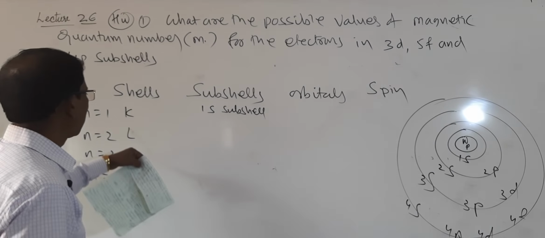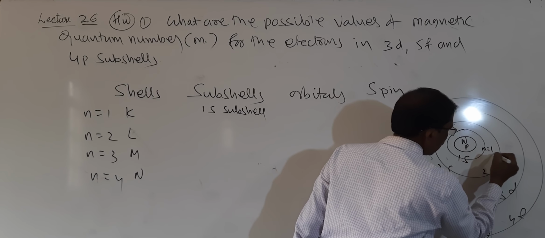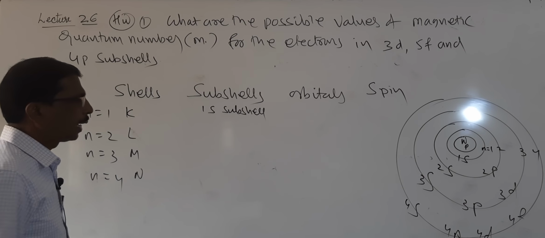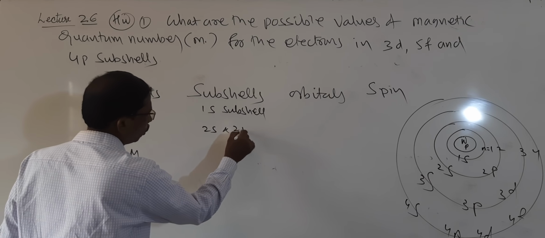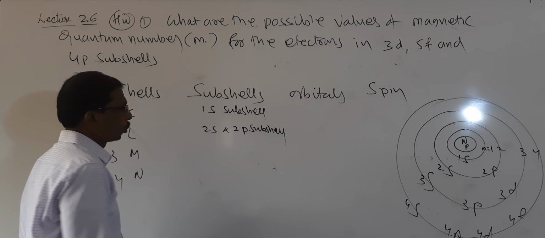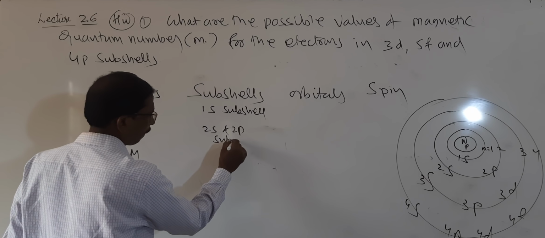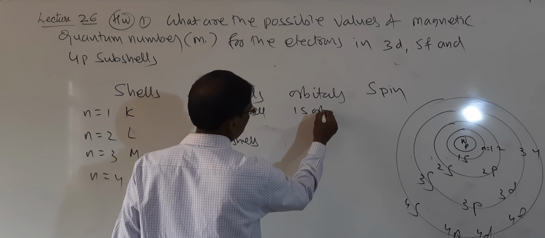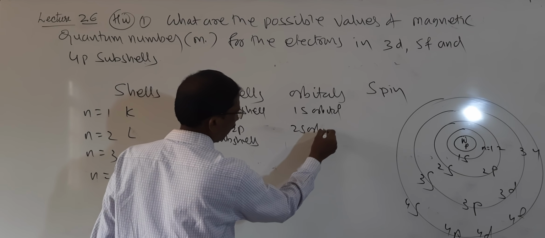So you come to know that n is equal to 1 has only 1s, and n is equal to 2 has 2s and 2p subshells. Here it is the 1s orbital, and the 2s orbital.